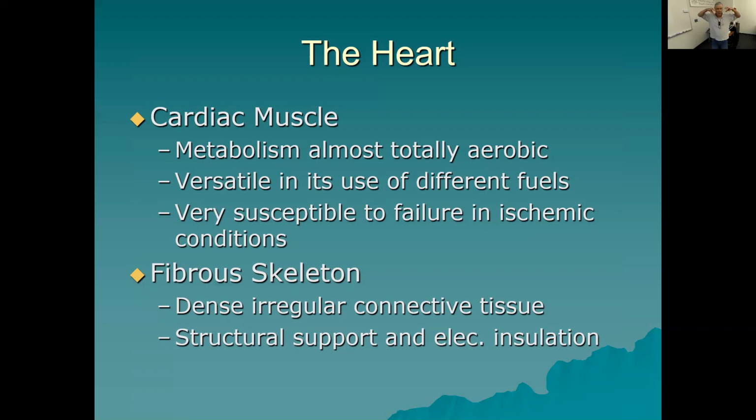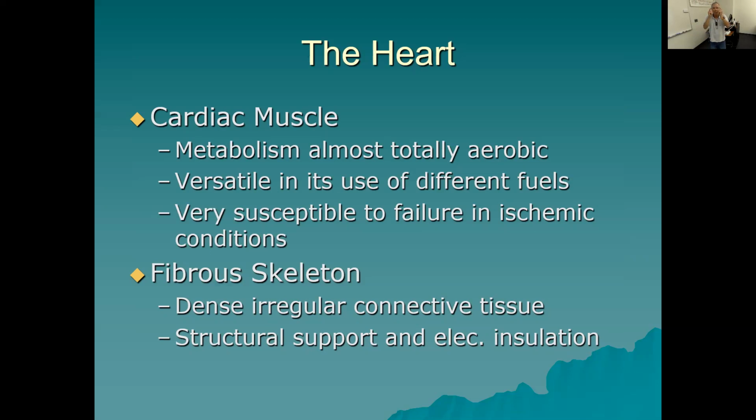The atria are up near the base, and the great vessels come in superiorly. The atria contract and push blood inferiorly into the ventricles. But then the ventricles have to pump in the opposite direction. They have to pump up this way into the great vessels. So the atria pump this way, the ventricles pump this way.